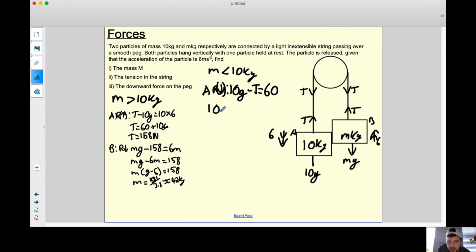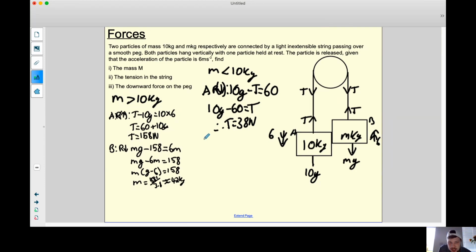So 10g, take away 60 equals tension. Therefore my tension is 98 take away 60, which is 38. So my tension in the string this time is 38 newtons.